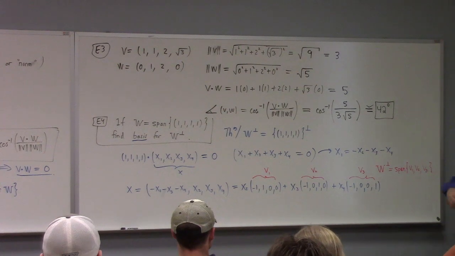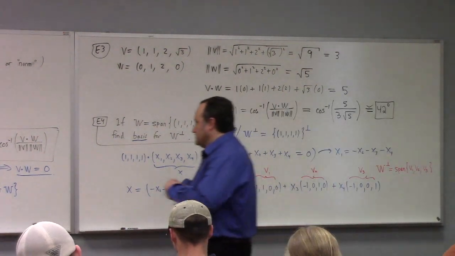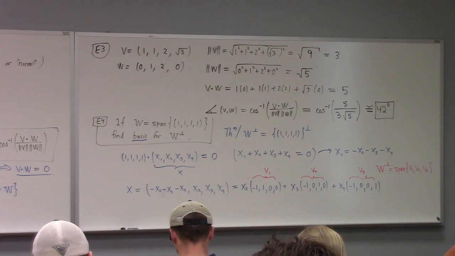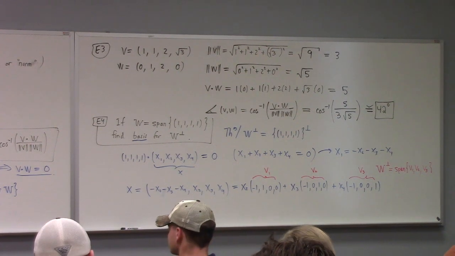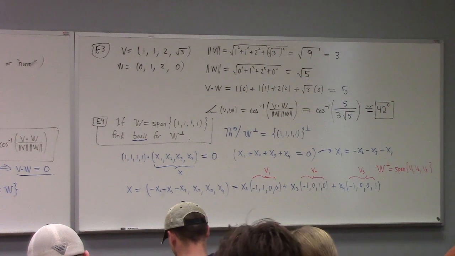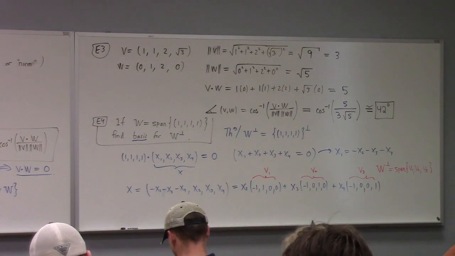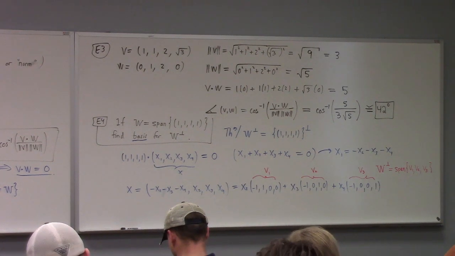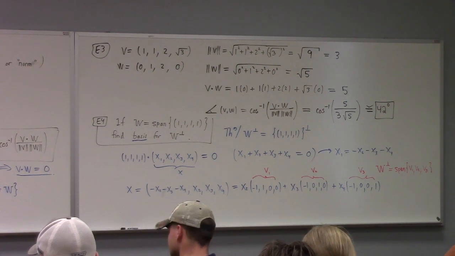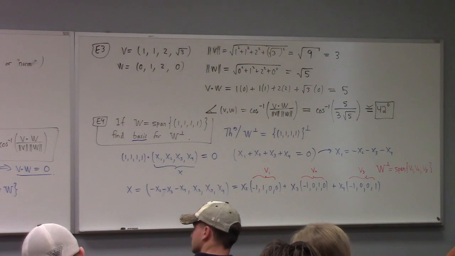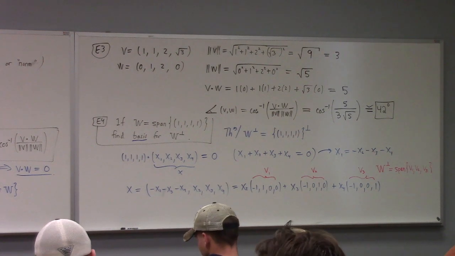My larger point is this: if we go back to what we were doing last class, finding a basis for the null space of a matrix means, geometrically, we're finding a basis for the space which is perpendicular to the rows of the matrix.